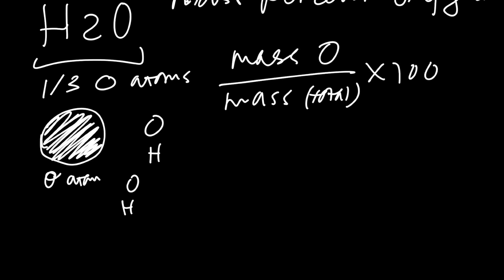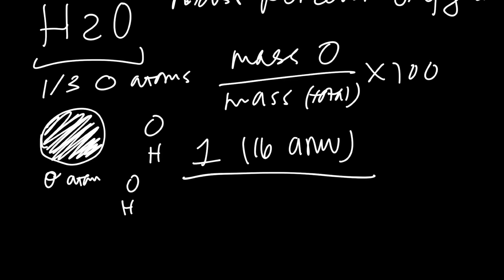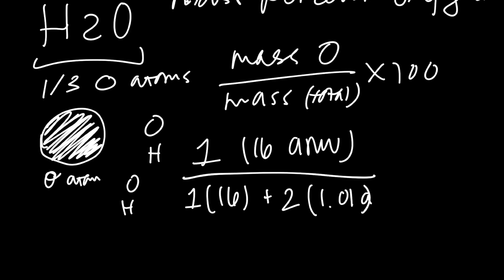The mass of oxygen can be found using the periodic table. You have the mass values up there for each atom. So for oxygen, you have 1 oxygen atom, and that is 16 AMU. So that's our mass oxygen. But for the total mass of the molecule, you have 1 oxygen atom that's 16 AMU plus 2 hydrogen atoms, each at 1.01 AMU.